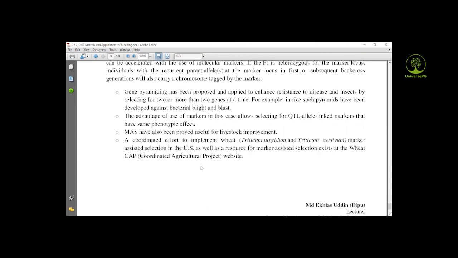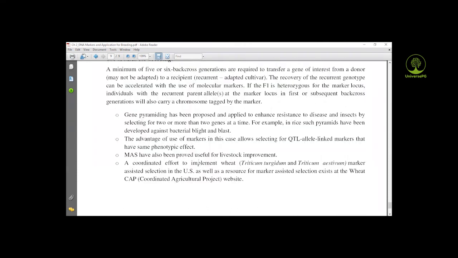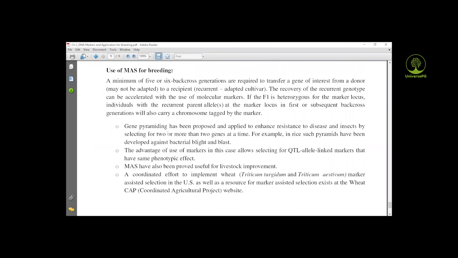Finally, the use of marker aided selection. What is the main application of marker aided selection? A minimum of 5 or 6 backcross generations are required to transfer a gene of interest from donor to recipient.